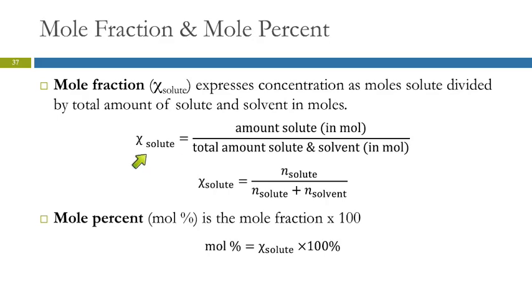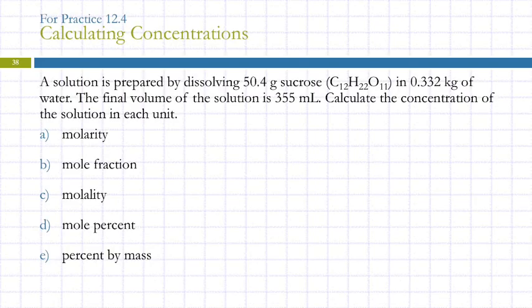This is the same as percent, except we haven't multiplied by 100 yet. So mole percent is the mole fraction times 100. So another way to express this is the mole fraction is the moles of solute, n, over the moles of solute plus the moles of solvent. It's the part over the whole. How many moles of solute divided by total number of moles?